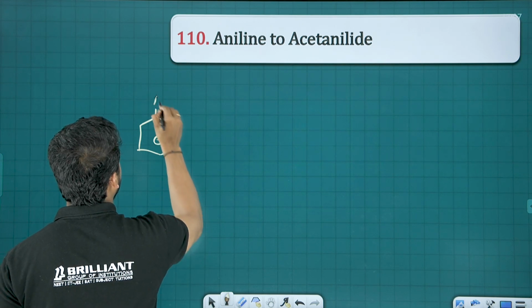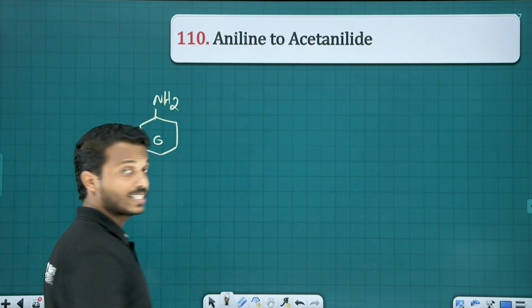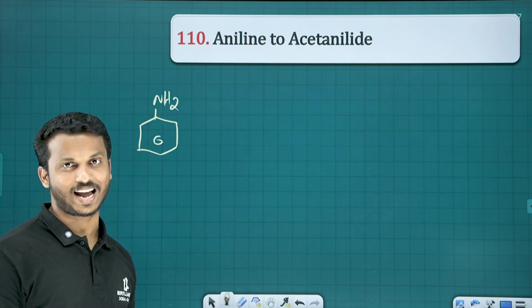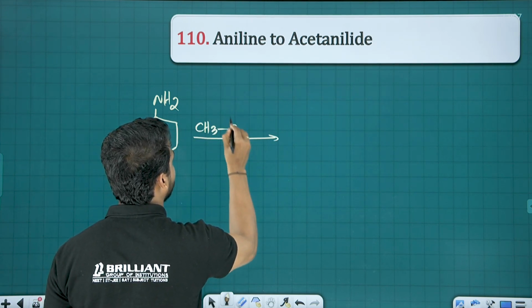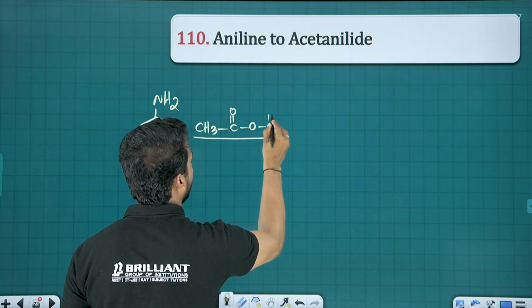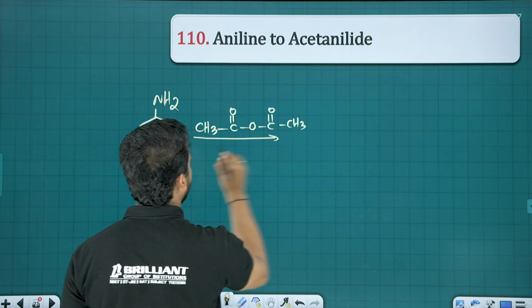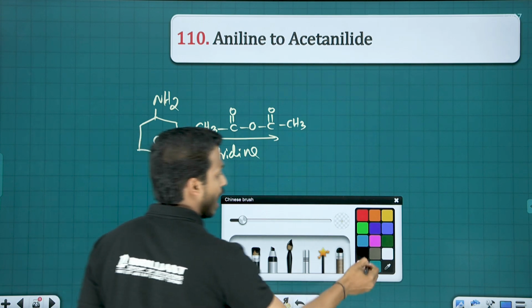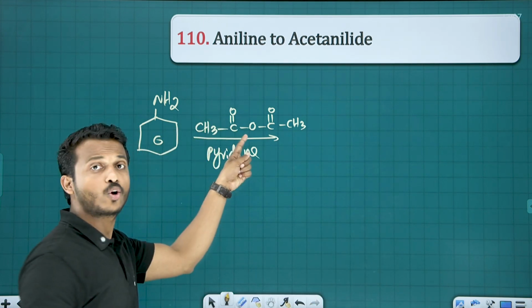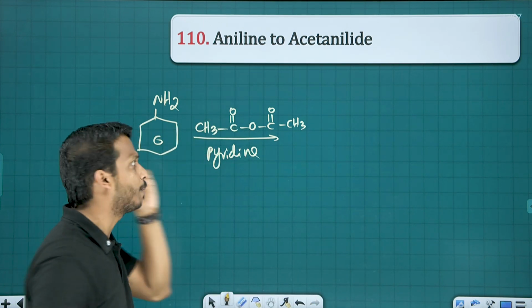Next one, how will you convert aniline to acetanilide? We discussed that already. When aniline reacts with acetic anhydride, what is acetic anhydride? (CH3CO)2O in presence of pyridine base. Remember the protection method. So aniline undergoes reaction with acetic anhydride, simple procedure.